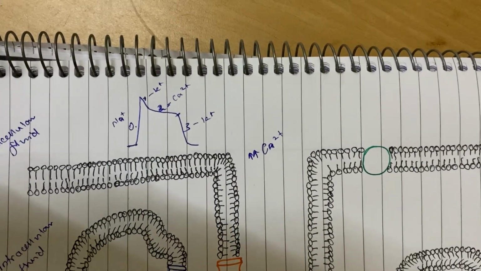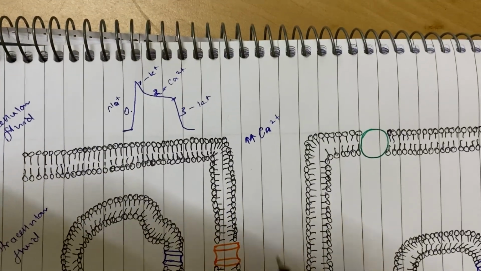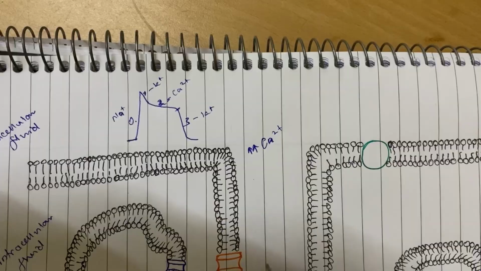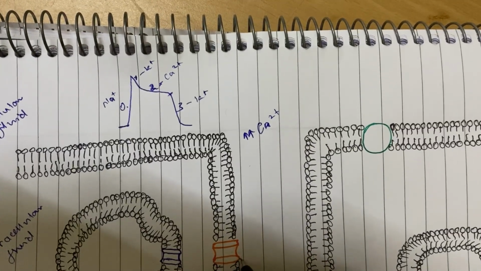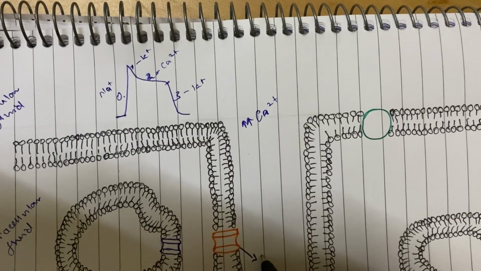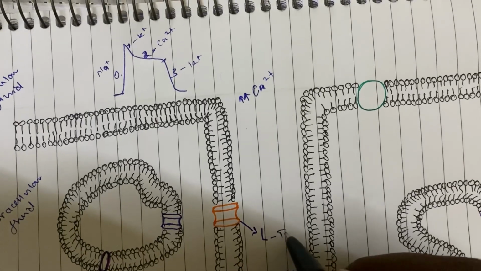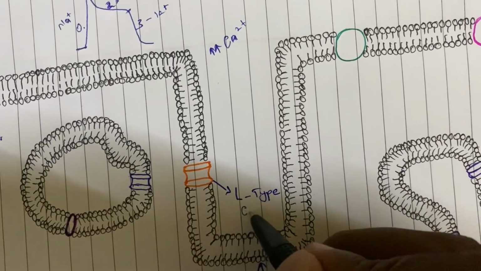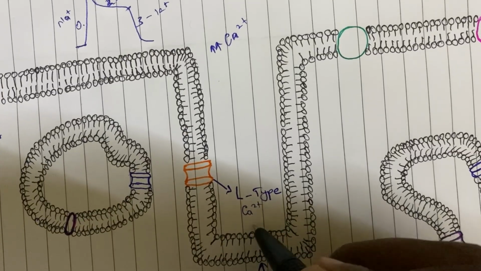And then the next ones to open are the slow calcium channels. And what are the slow calcium channels? It is this one. The slow one is called the L type calcium channel.